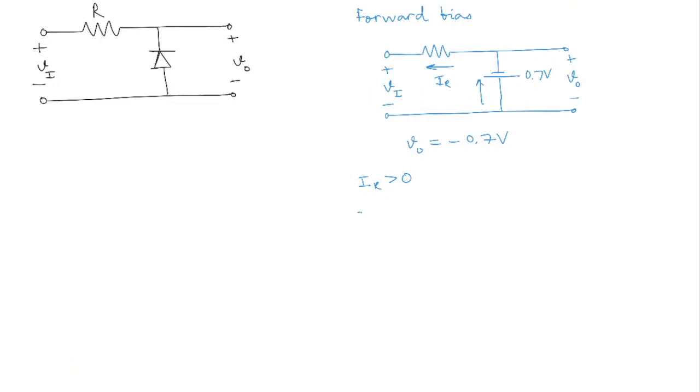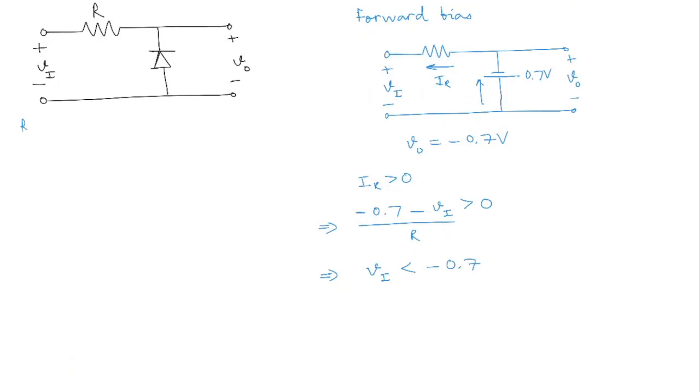It would be minus 0.7 minus VI, divided by R, greater than 0. From here we get the condition that VI is less than minus 0.7. So it's forward biased there.